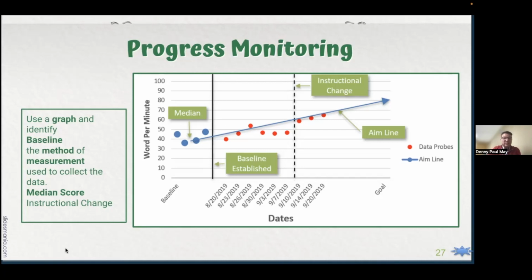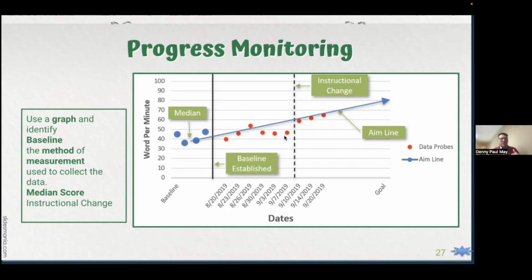Okay, so let's move on here for just a second. So you can see that they used a median score there because they only had 4 scores, just kind of reinforcing some of the things that we talked about before. You can see that they appear to be trending toward reaching that 80%. And then you can see that they made an instructional change here because the student dropped below that aim line for 3 consecutive data points.